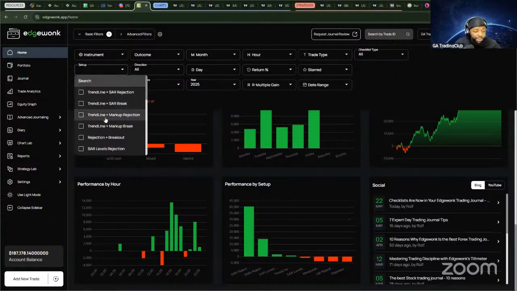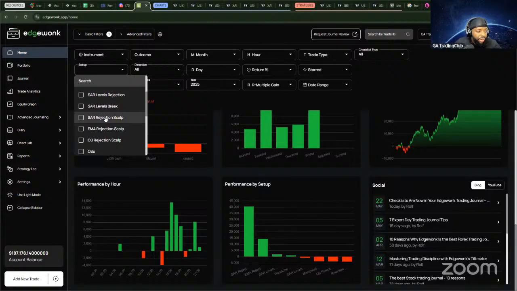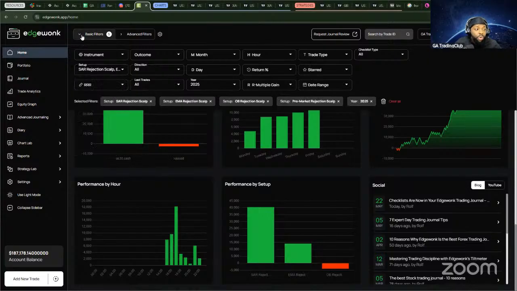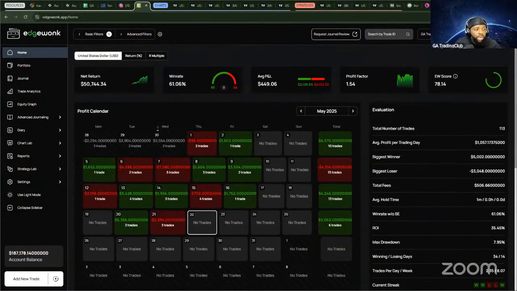But if I just filter out the rejection scalps: order block rejection scalp, SAR rejection scalp, EMA rejection scalp, and the pre-market rejection scalp, which is what I'm only focusing on right now going forward, you can see if I had just traded that this year, I would be up 50,000 for this year, but it's fine, right?